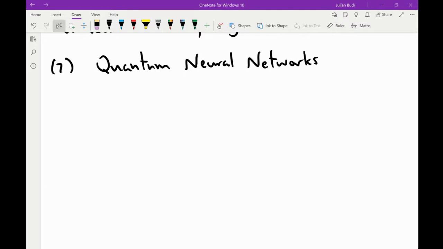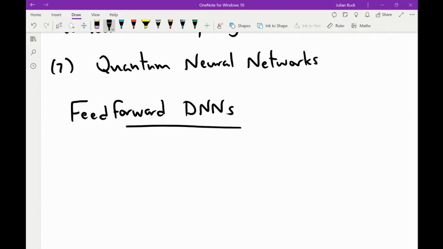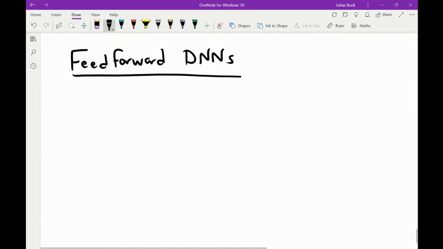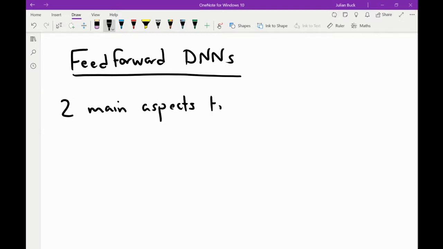All right, so back to more grounded reality. Let's talk about feed-forward neural networks. There are two main aspects to network architecture.